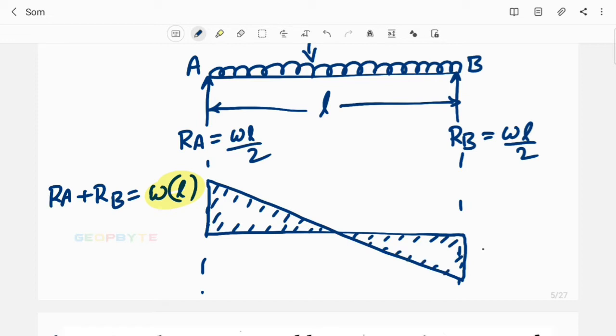Here the shear force value may be WL by 2, and at the left hand also it is WL by 2. Exactly at the middle the shear force equals 0. That is how the shear force diagram changes linearly from one end to the other end.